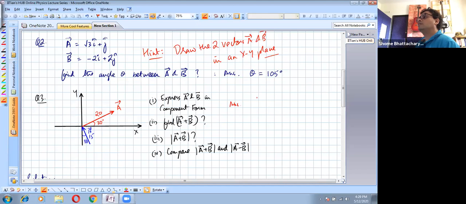The answer to this part: vector E will be 10 root 3 I cap plus 10 J cap.